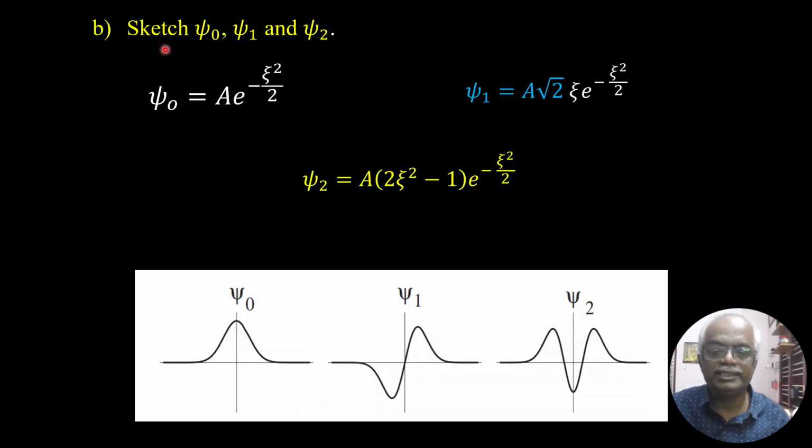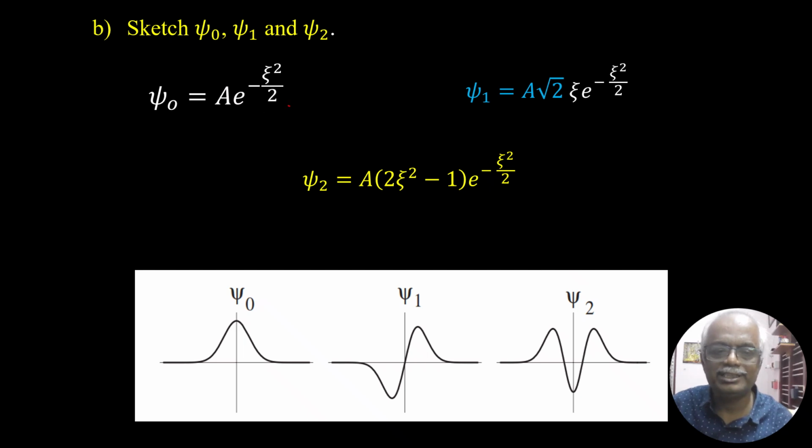Now, section C is to sketch psi 0, psi 1, and psi 2. Psi 0, we have seen, is a into e power minus z squared over 2. Psi 1 is a multiplied by square root 2 z e power minus z squared over 2. And psi 2, we just now have seen, is a multiplied by 2z squared minus 1 e power minus z squared over 2.